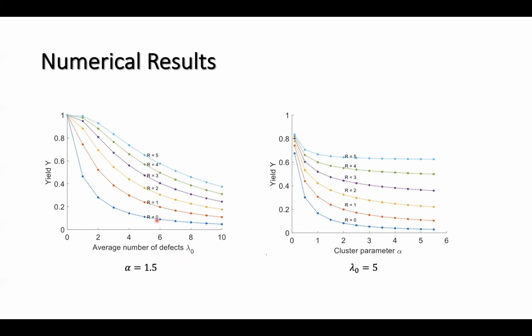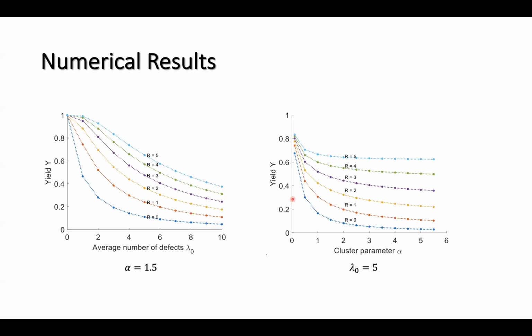When R equals 0, the blue line, there's no redundancy, and the yield drops very quickly as the number of defects increases. But as we increase the redundancy from 0 to 1, 2, 3, 4, 5, you can see that with just a few redundant modules, the yield can improve a lot.